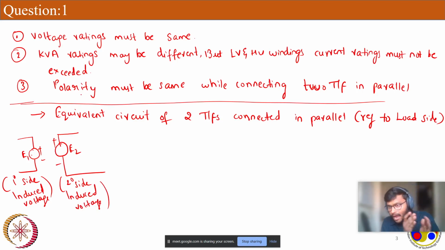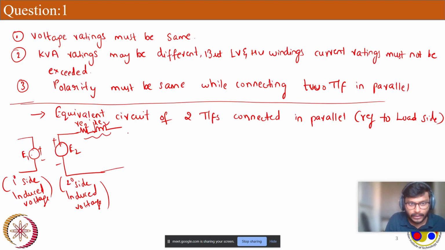Now yeah, we have resistance and impedance in the primary side. Since we are referring it to the load side, I have shifted all the resistances and impedances to the secondary side. This is the entire equivalent secondary resistance, let's say. This is all the impedances referred to the load side. So this is how my equivalent circuit looks like, but I have connected two transformers in parallel.